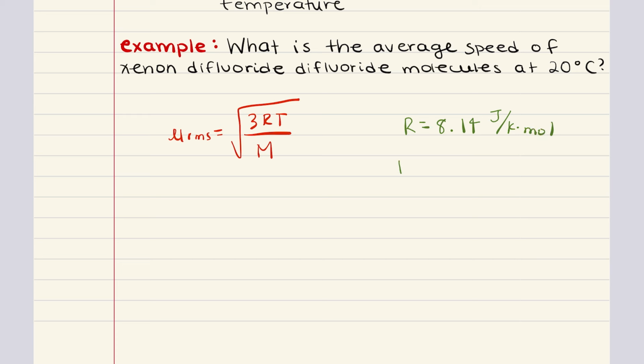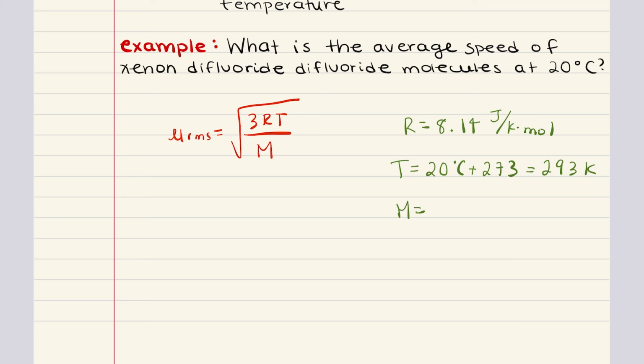Now, temperature should be in Kelvin, but we're given 20 degrees Celsius, so we can convert that to Kelvin by adding 273, and we get 293 Kelvin. Now, the last variable is molar mass, and the molar mass of xenon difluoride is 169.3 grams per mole.